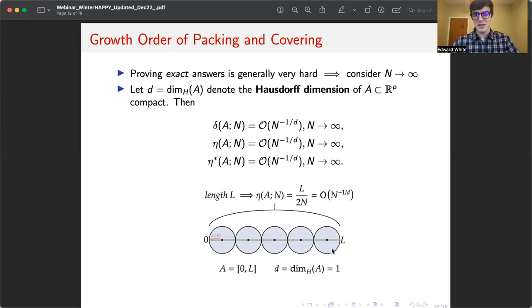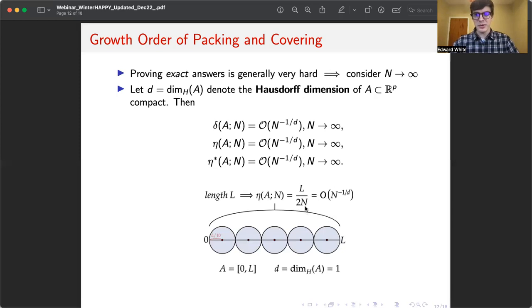By doing it this way, we can see the covering radius of the disks. If we took 5 disks to cover length L, then the radius will be half of one fifth of the total distance, so the total length L divided by 10, which is described here by L over 2n.